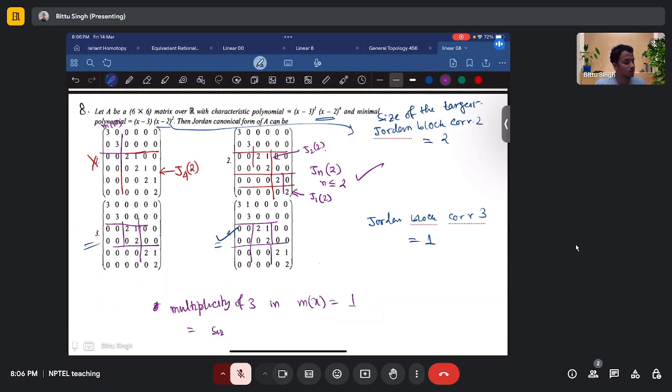We know the multiplicity is the same as the size of the largest Jordan block corresponding to lambda equal to 3.